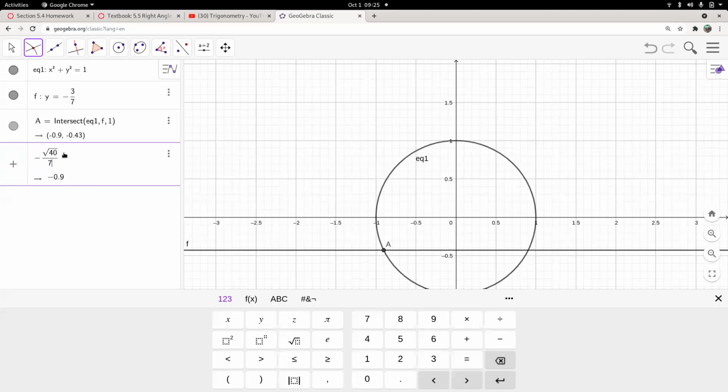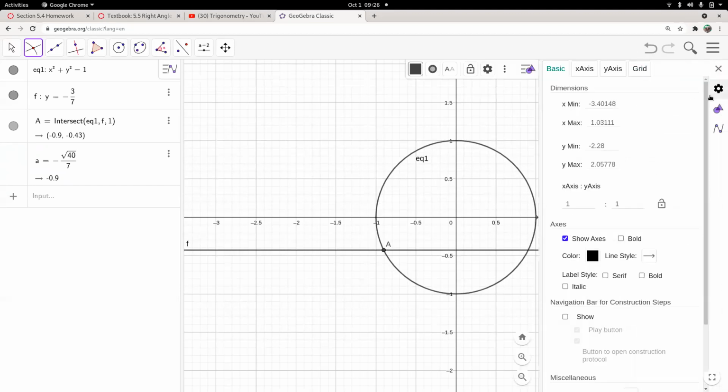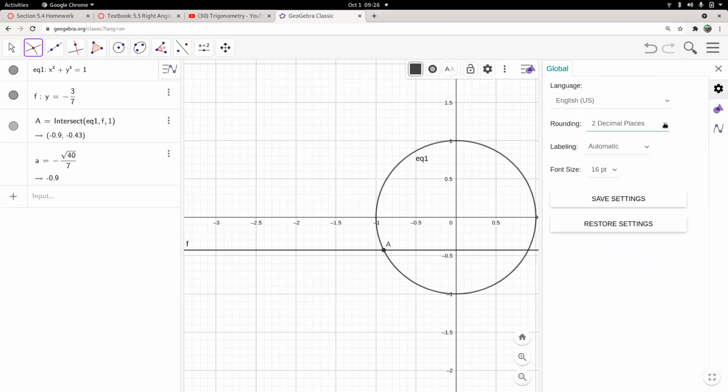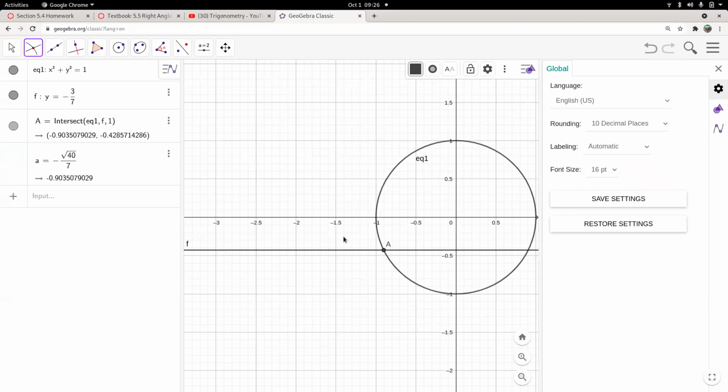And there is that 0.9. Is it exactly 0.9? The answer is no. So let's see, somewhere here I can ask for more decimal places. Let's go grab, I don't know, 10 decimal places for fun. All right, so I can see that those decimal places do match there.